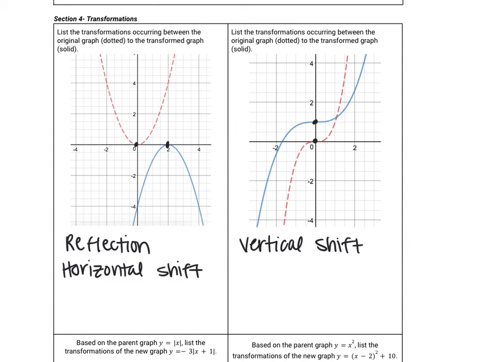If I also look, the graph isn't the same width as the first graph. It looks to be farther away from the y-axis, which means we also have an expansion. So if your graph gets farther away from the y-axis, closer to the x-axis, that's usually an indication of an expansion. If it gets closer to the y-axis, that's usually an indication of a contraction.